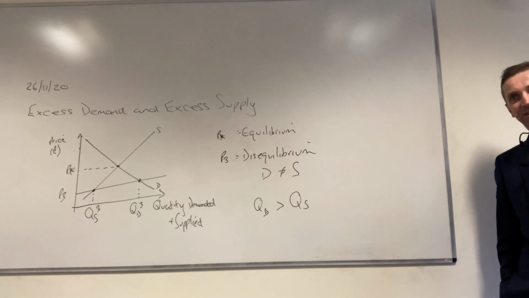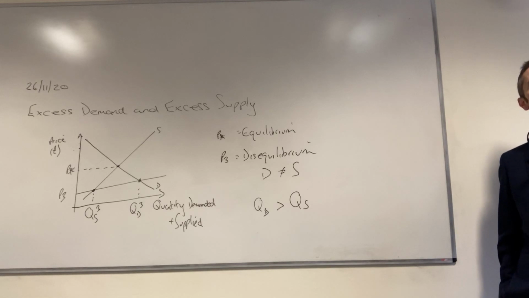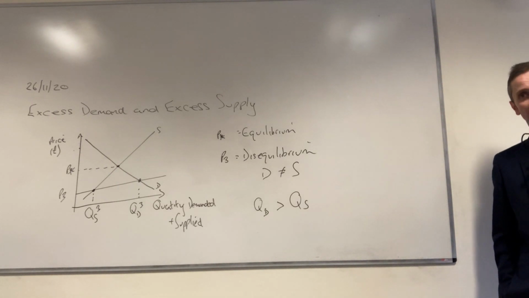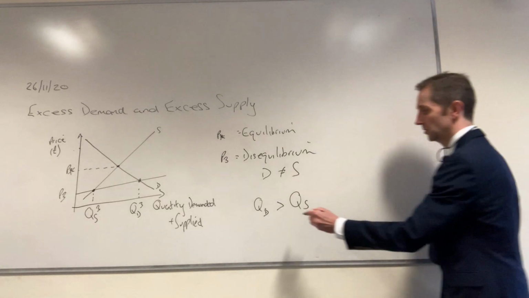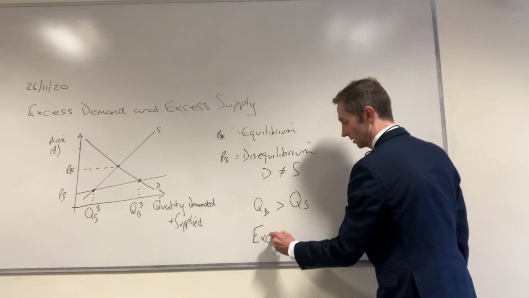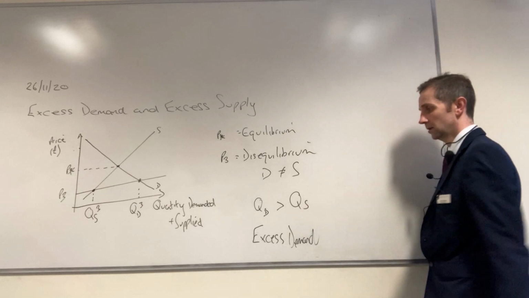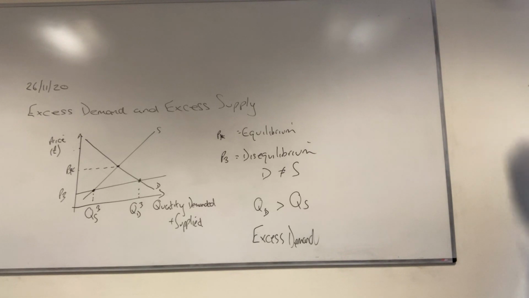I want the word excess in your answer. What was it called in the previous one? What did you note in your study file, in your exercise book, for the previous one? Excess what? Right. So what's this called? Correct. Thank you. So QD being bigger than QS, that's known as excess demand.